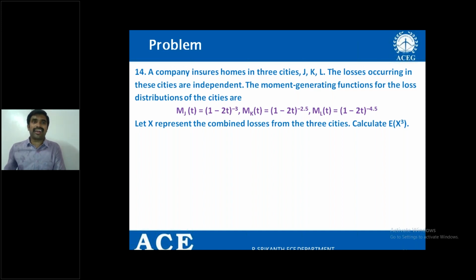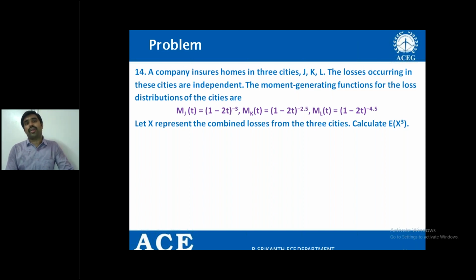The losses occurring in the three cities are independent. Why? Because Jaipur is in Rajasthan, Kolkata in West Bengal, and Lucknow in Uttar Pradesh. In the three cities, the losses occurring are independent.